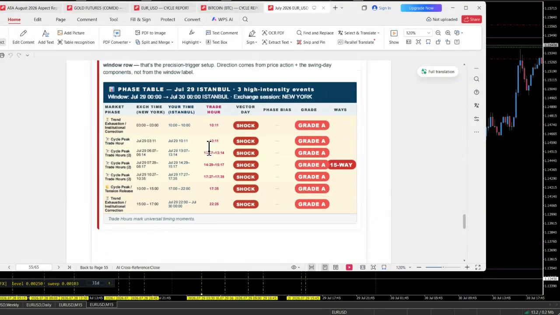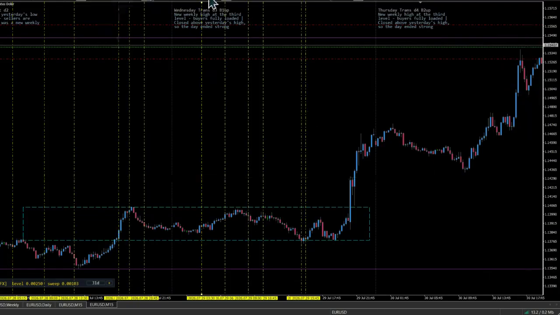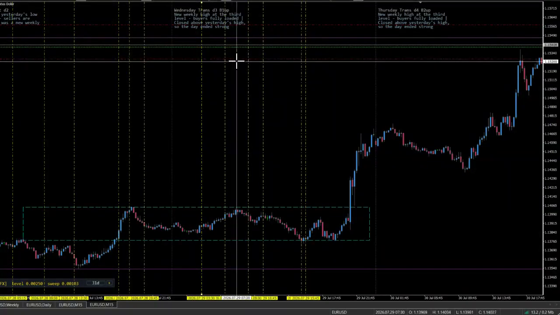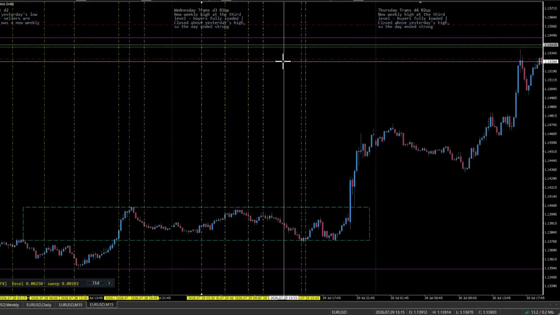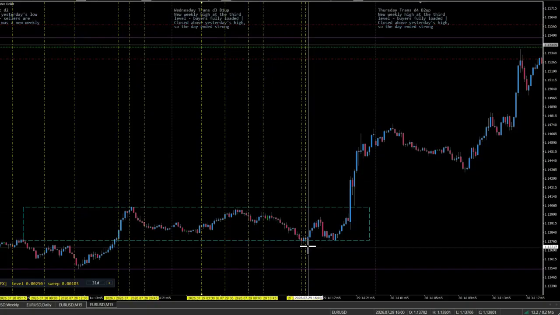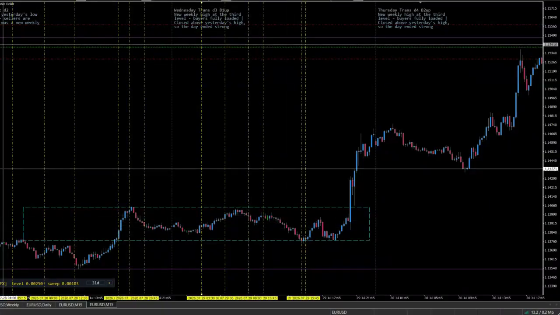And then I've got cycle peak trade hours 1 to 1:15 here. This is in the middle of nowhere, so I don't want to be trading here, but I already have a direction. Okay.